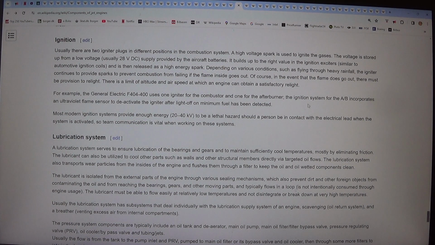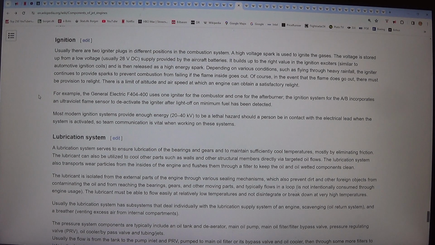The ignition system for the A/B incorporates an ultraviolet flame sensor to deactivate the igniter after light off on minimum fuel has been detected. Most modern ignition systems provide enough energy, 20-40 kV, to be a lethal hazard should a person be in contact with the electrical lead when the system is activated, so team communication is vital when working on these systems.